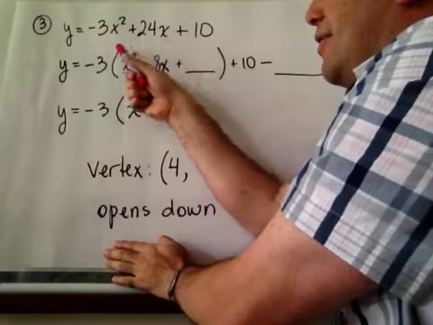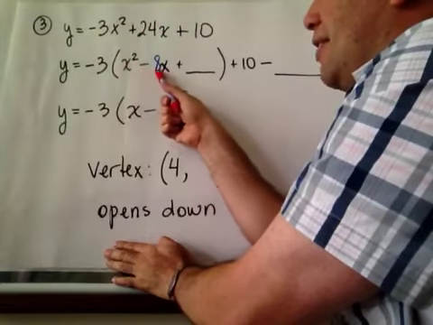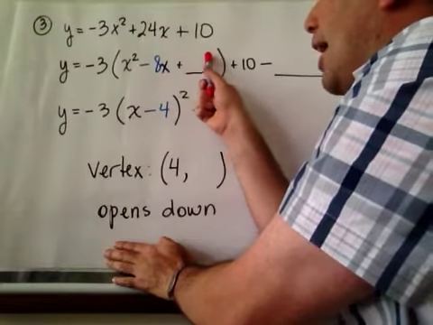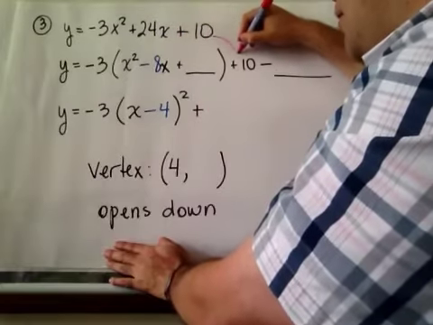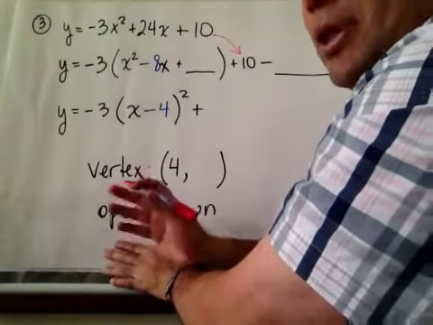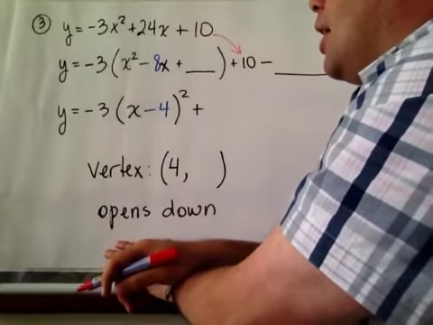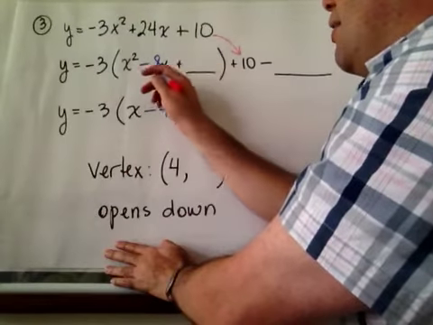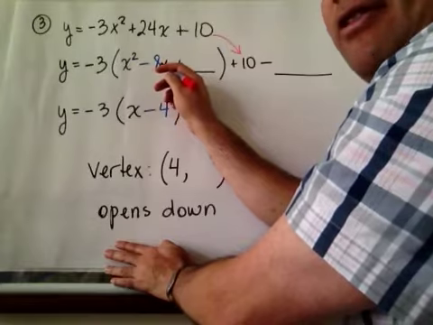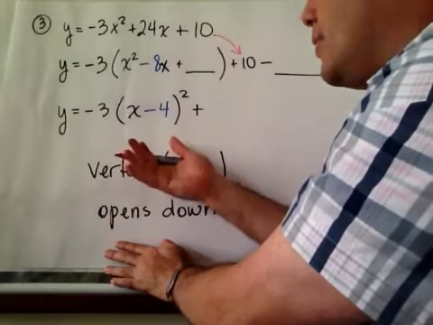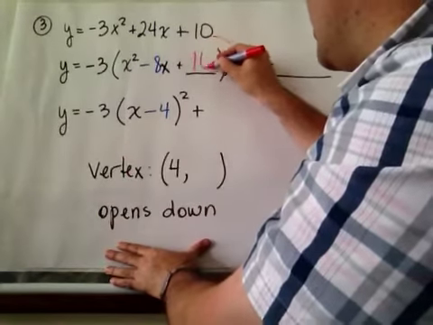Positive 24x divided by negative 3 is negative 8x. And we're going to add something. The 10 is outside of the parentheses, plus 10. And then we're going to subtract whatever we added. So what we need to add is half of negative 8, that's negative 4, squared, that's 16, plus 16.